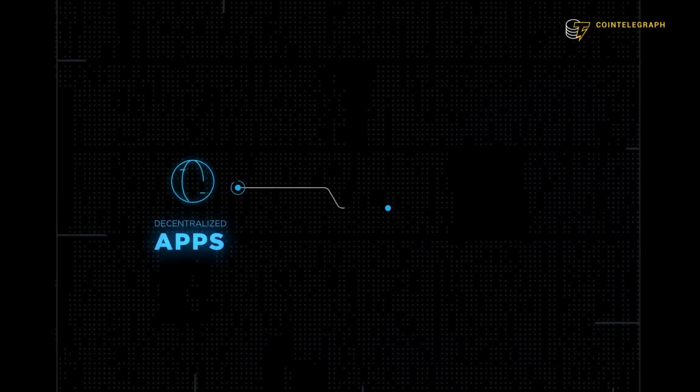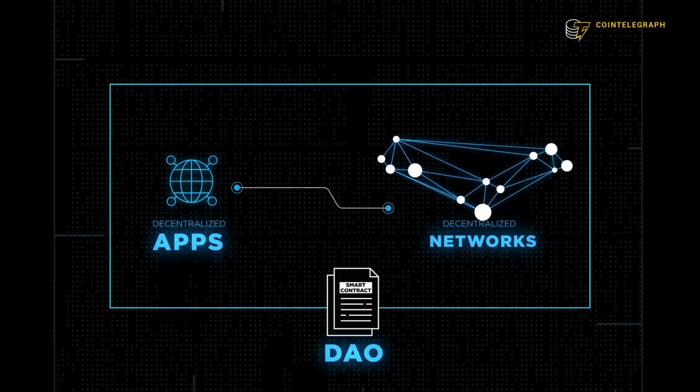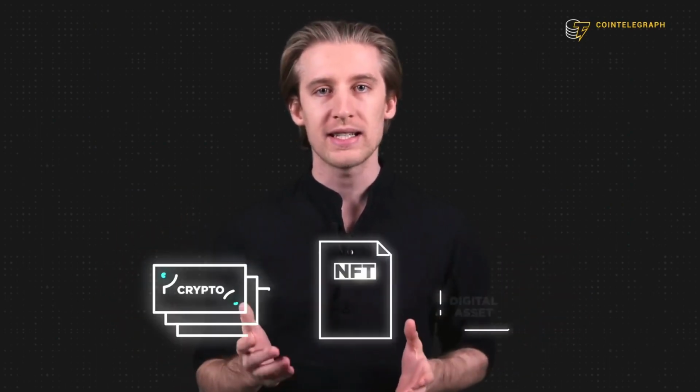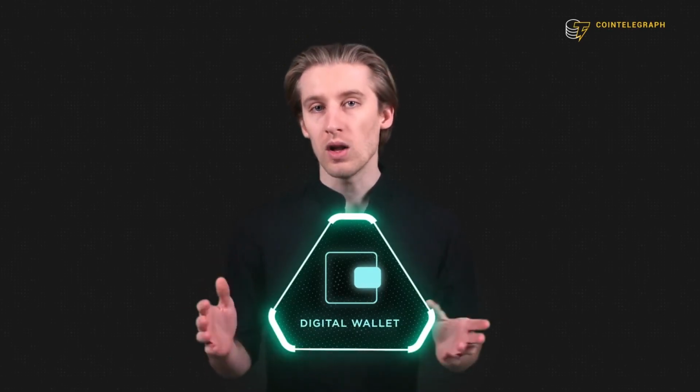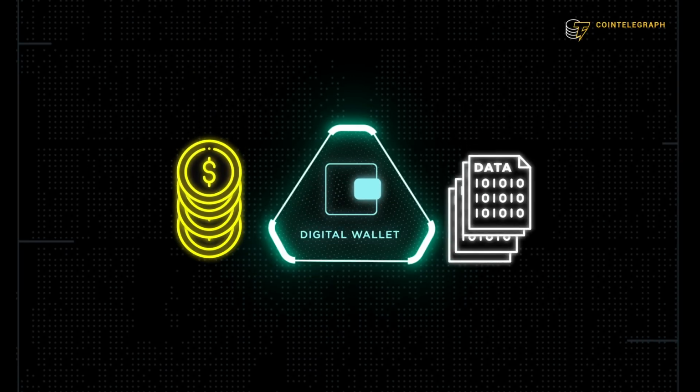All right, now we are starting to get an idea of what Web3 could look like. Decentralized applications built on decentralized networks, all run by DAOs. The final missing piece is, well, you. How will you navigate Web3 while accruing all of these different currencies, NFTs, and digital assets? It's simple. You'll store them on encrypted digital wallets. Just like a wallet in the real world, digital wallets will safely hold onto your currencies and data.